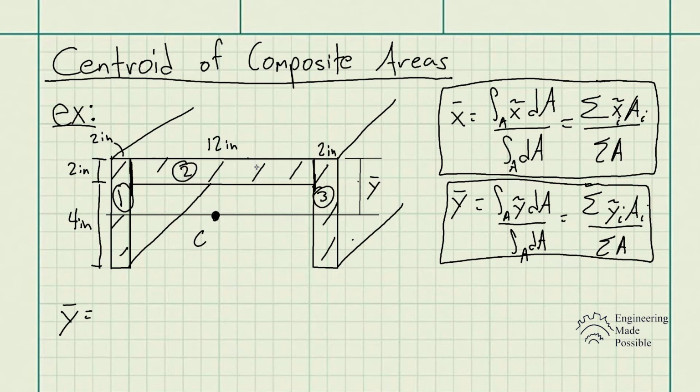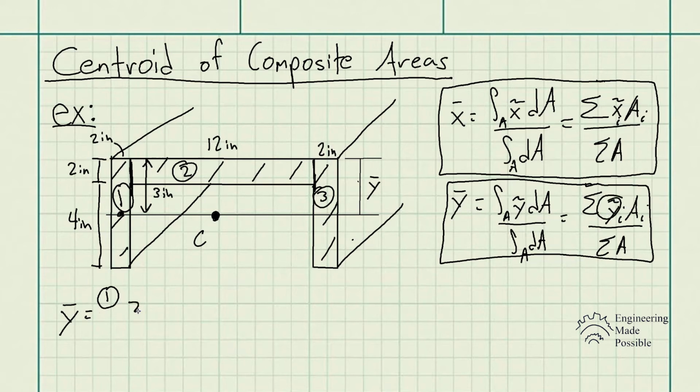For composite area number 1, the centroid, or the y bar, of this specific area will be right at the center. This rectangle has a length of 6 inches, so it's going to be 3 inches with respect to the top. So 3 inches is our y bar for this specific area.